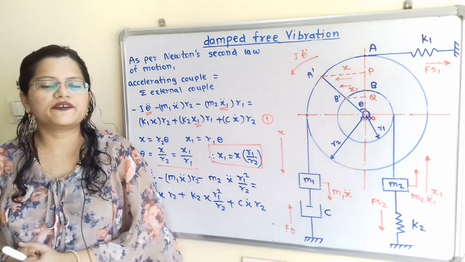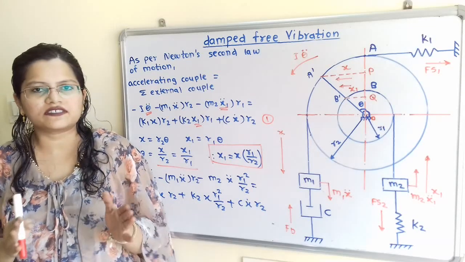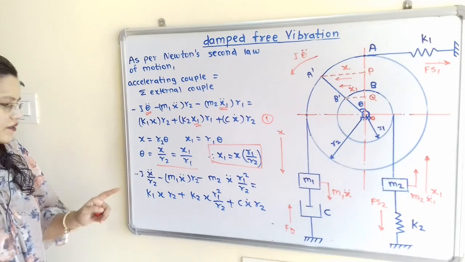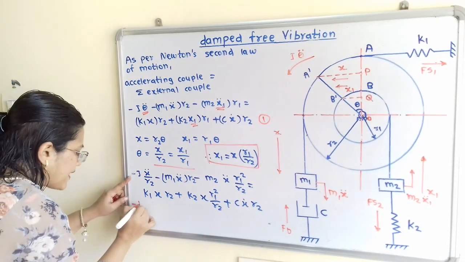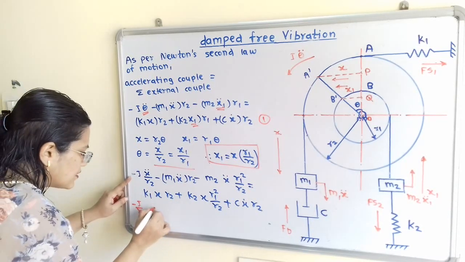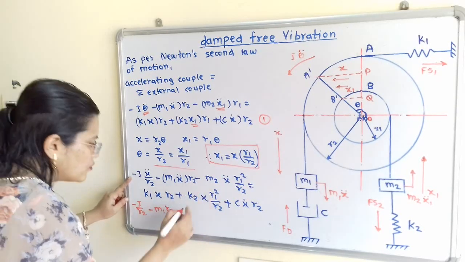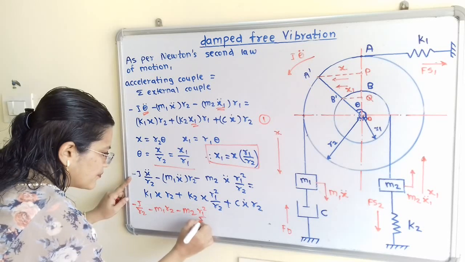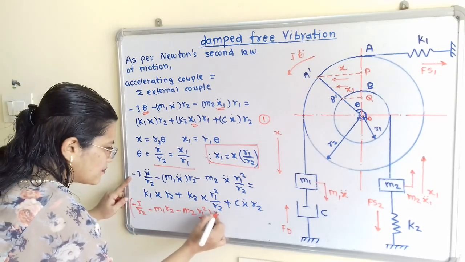To find the differential equation of motion, we combine the coefficients of x double dot, x dot and x. From this equation, x double dot has the coefficient minus I by r2 minus m1 r2 minus m2 r1 square by r2, bracket complete, times x double dot.